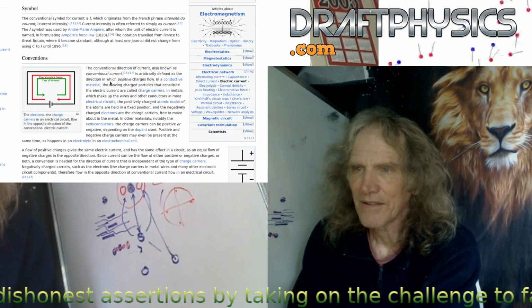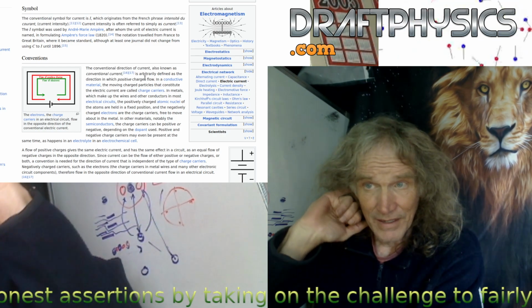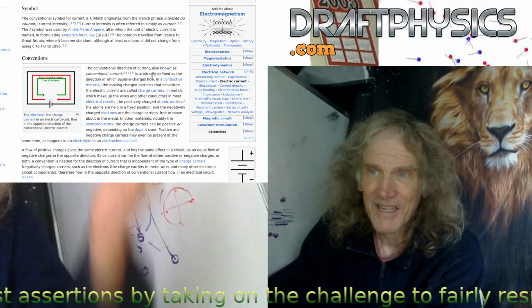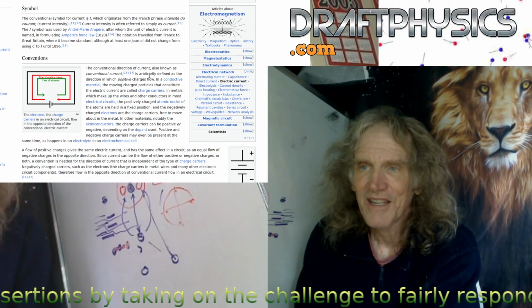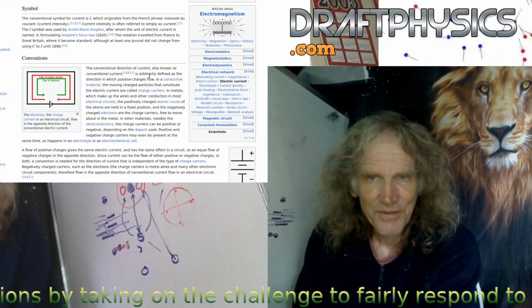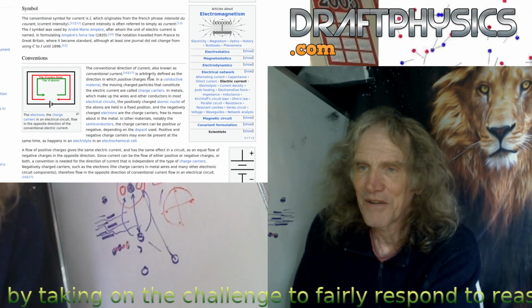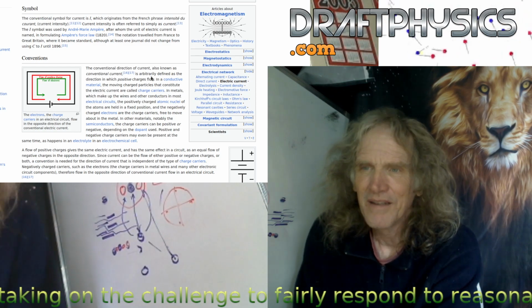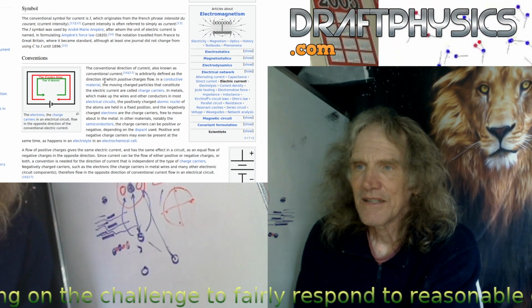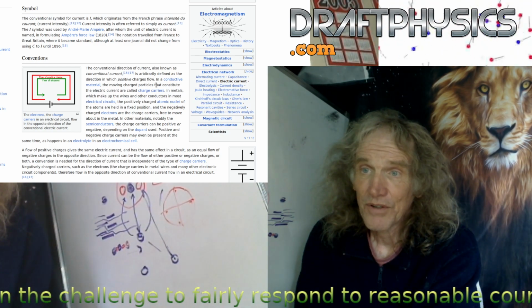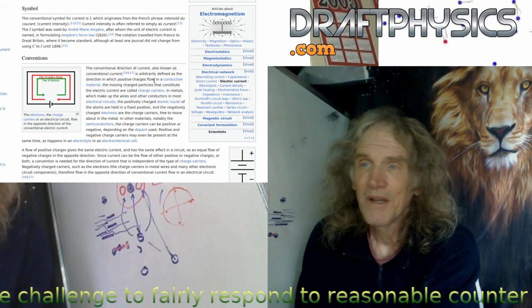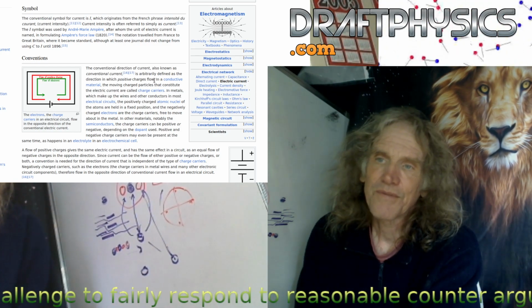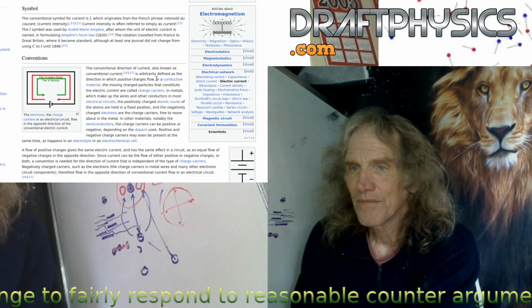Also known as conventional current is arbitrarily, so again, it's not arbitrary, it clearly has a direction. There's no point in saying somehow direction is arbitrary, because it's not. Defined as the direction in which positive charges flow. So there are no positive charges flowing, so again, it's just wrong.